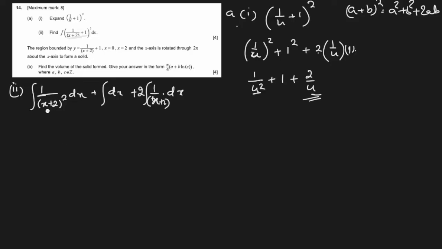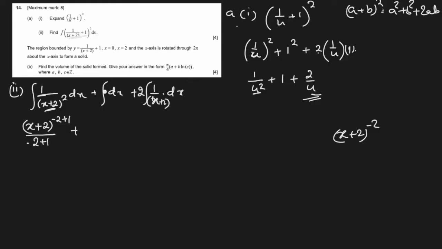Can I write 1 over (x plus 2) square as (x plus 2) to the power minus 2? Yeah, and that's what I'm going to integrate now. (x plus 2) to the power minus 2, and we will add 1 to it to integrate, and we will write the same down there.